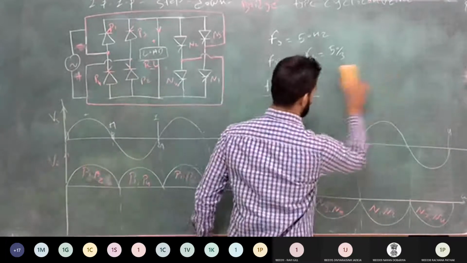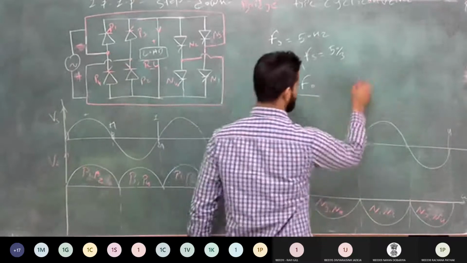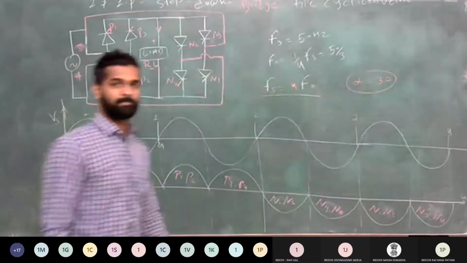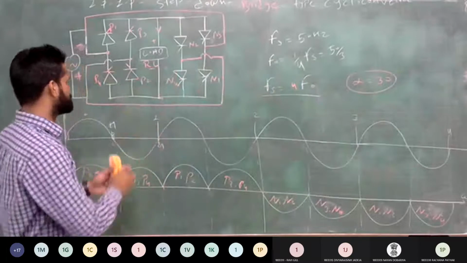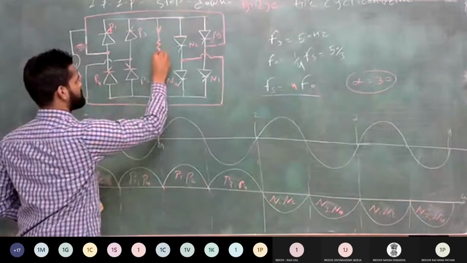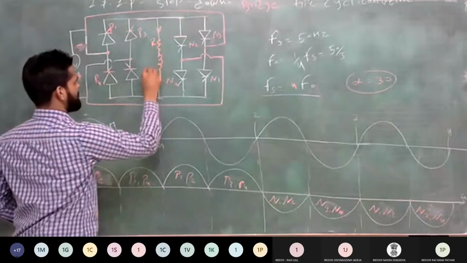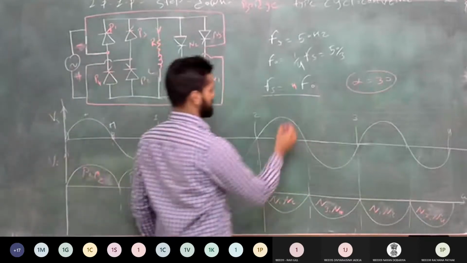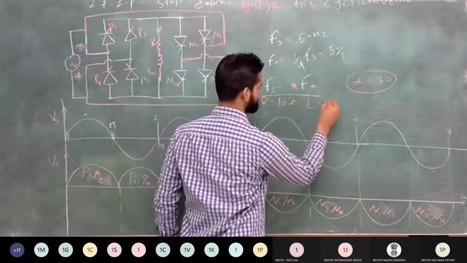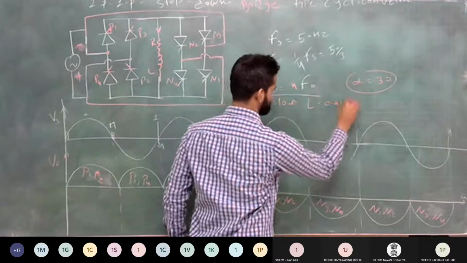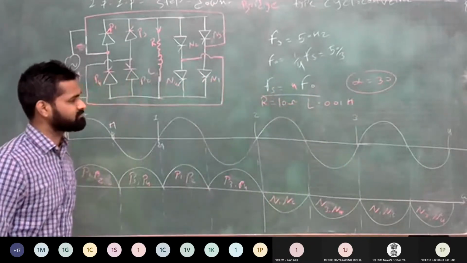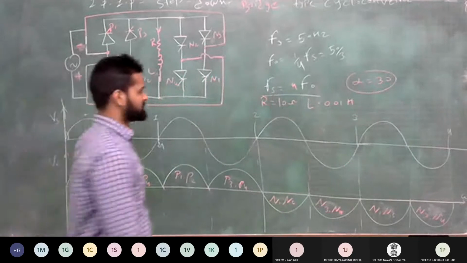So suppose I take the firing angle alpha equal to 30 degrees and take the RL load, R and L. Suppose my value of R is 10 ohm, L is 0.01 Henry. It means 10 millihenry.